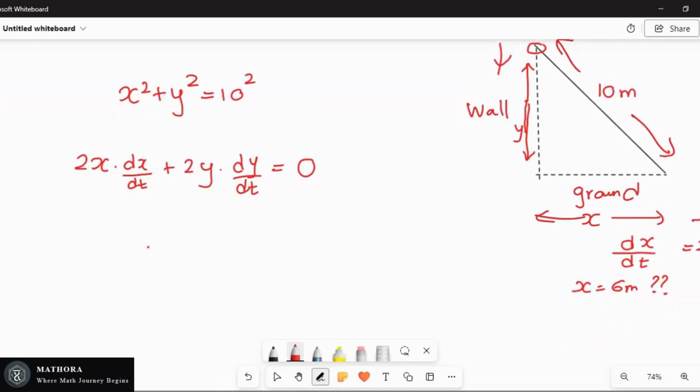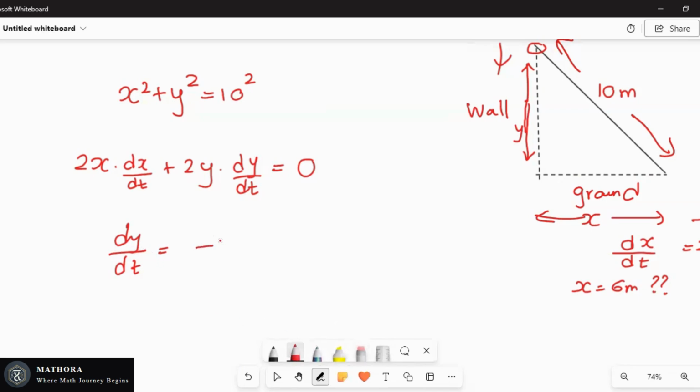Now we need to isolate dy over dt. That's what we are expecting, because we are expecting how fast the top of the ladder is sliding down. So we need to find dy over dt. So dy over dt equals negative 2x times dx over dt. I made a mistake. Sorry. It's not the way that we write.